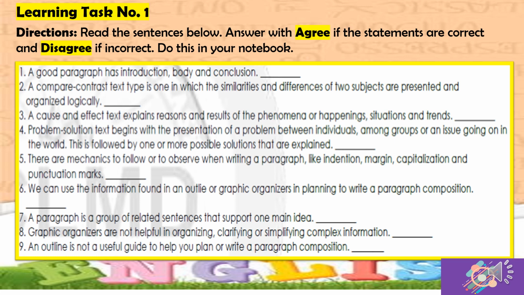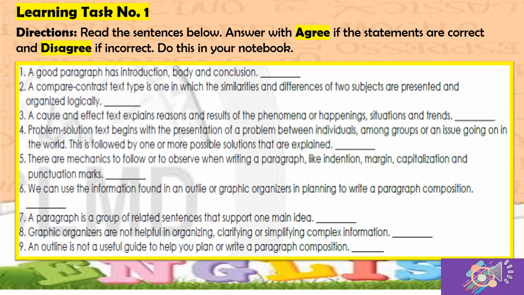Number 5, there are mechanics to follow or to observe when writing a paragraph, like indentation, margin, capitalization, and punctuation marks. Number 6, we can use the information found in an outline or graphic organizers in planning to write a paragraph composition.